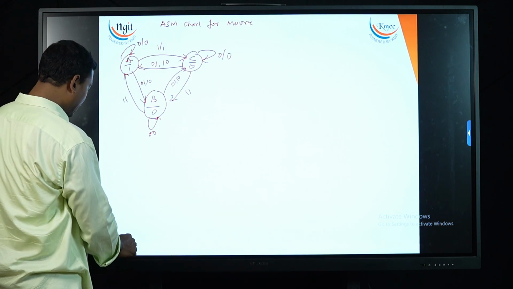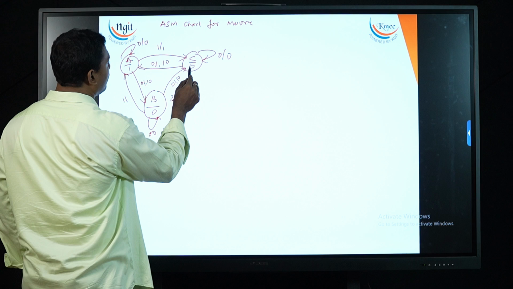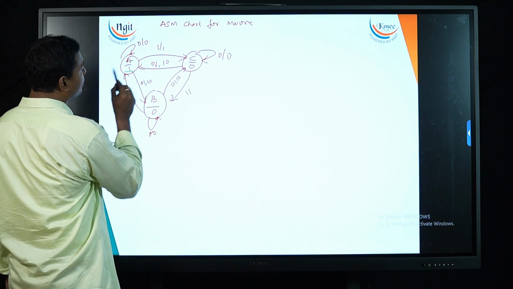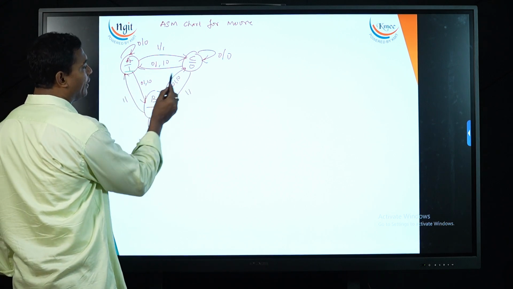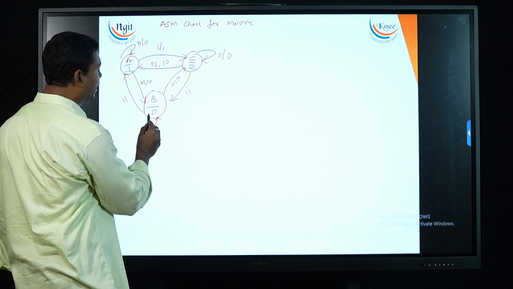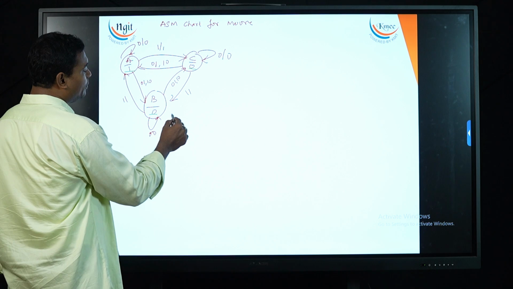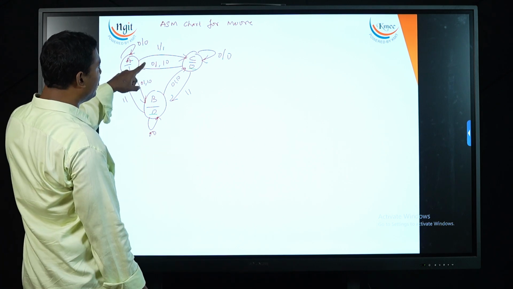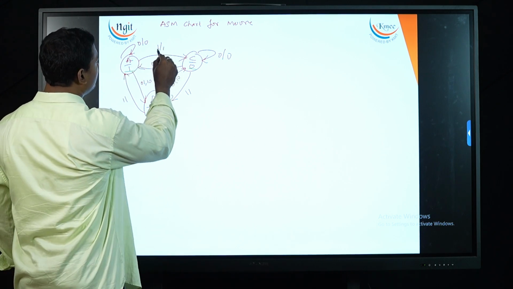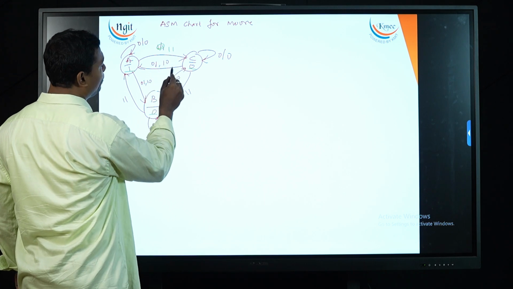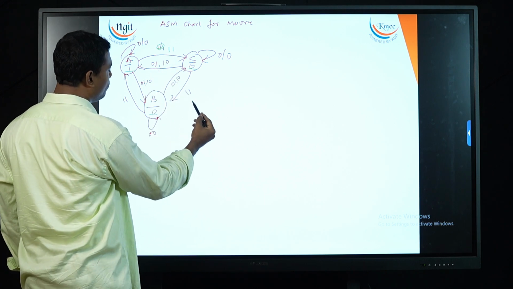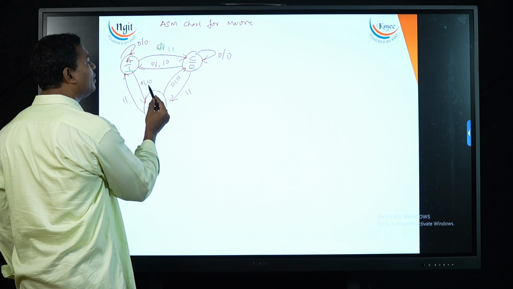You observe clearly here, the state is mentioned with state by output value, whereas on the transition signals only the input values are mentioned.